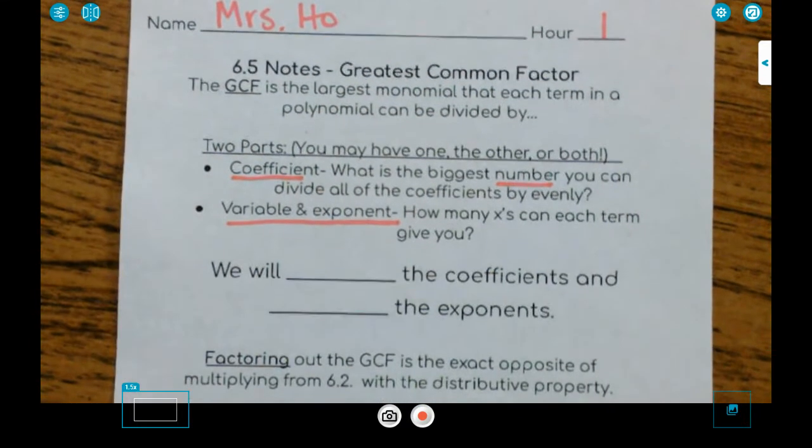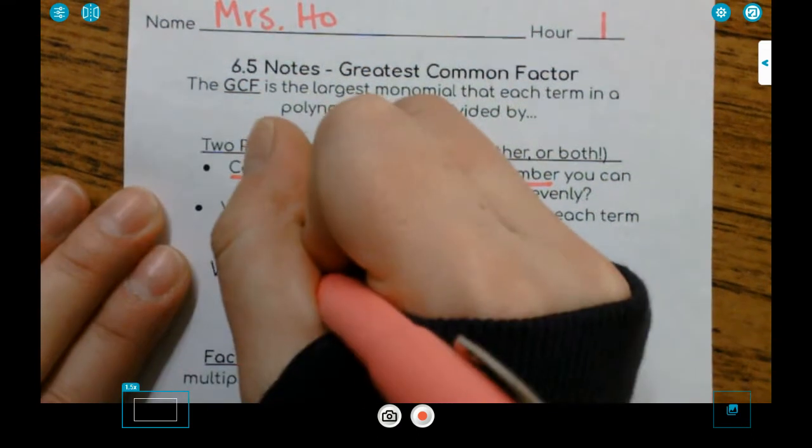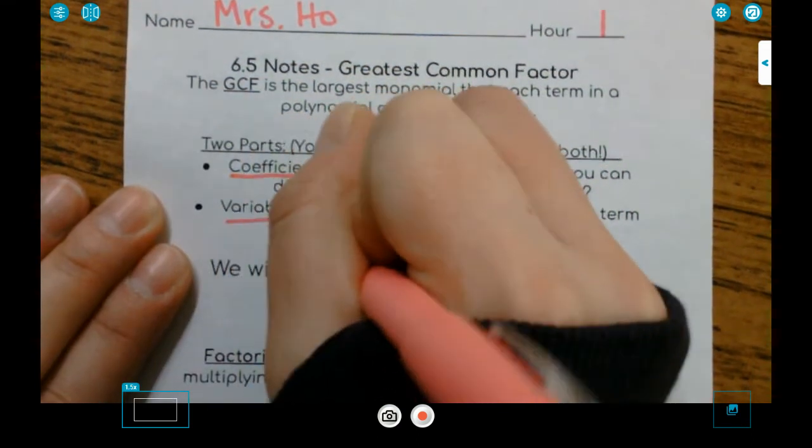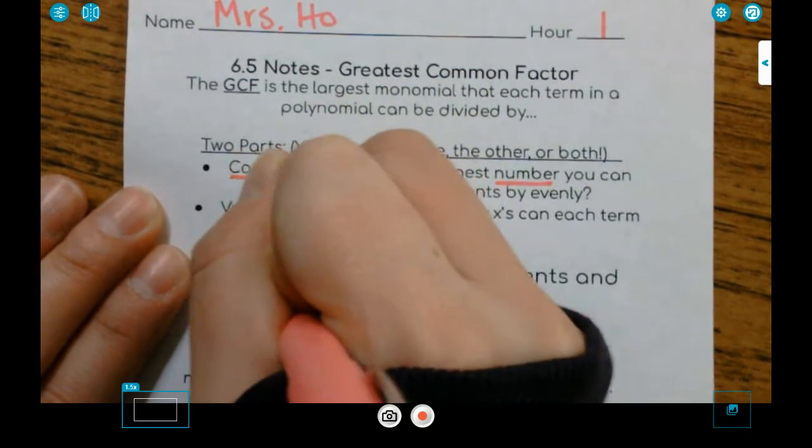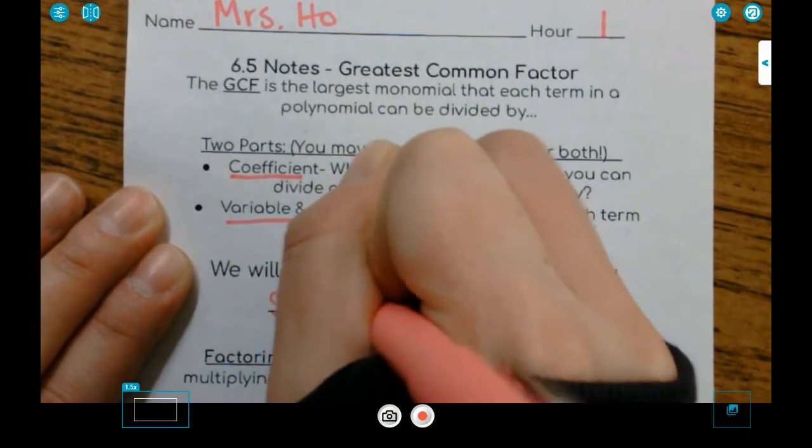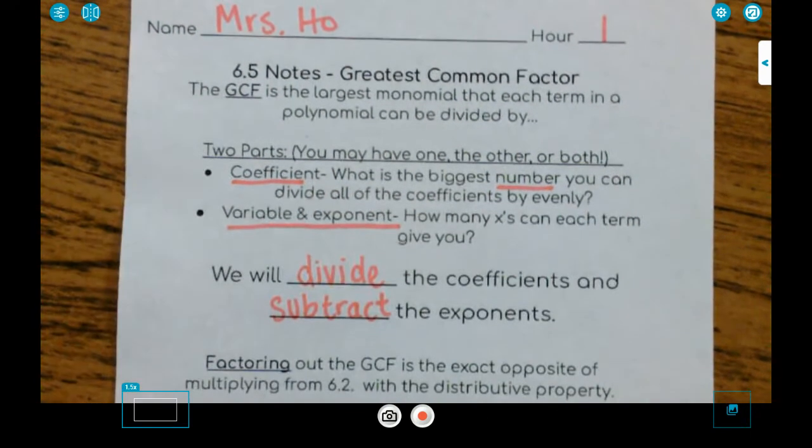So you're going to ask yourself, what's the biggest number I can divide all of this by? And you're going to ask yourself, how many x's can everybody give me? Once we pick what our GCF is, we are then going to divide it out. We are going to divide the coefficients and we are going to subtract the exponents.